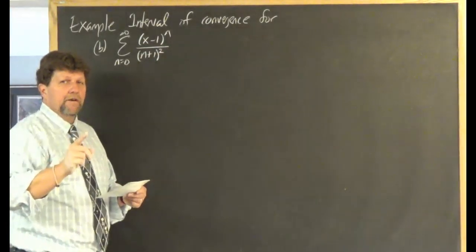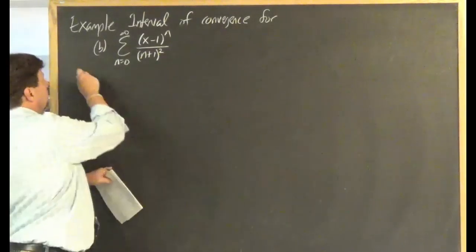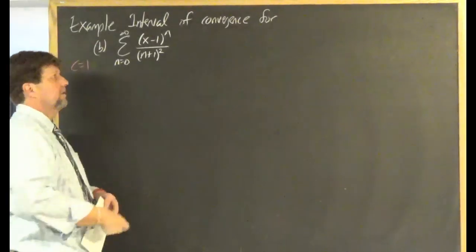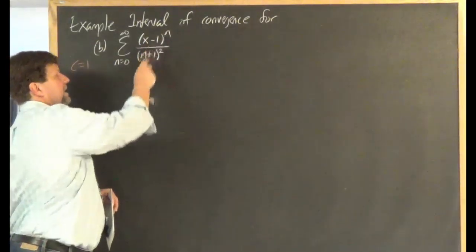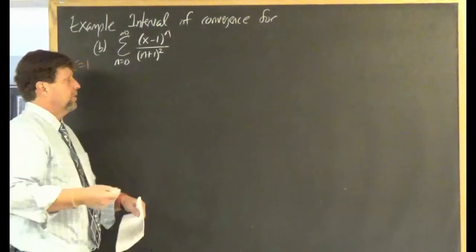The first thing I make note of: this power series is centered at 1. (x minus c) to the n, so it's centered at 1. All right, let's go through and do the ratio test.